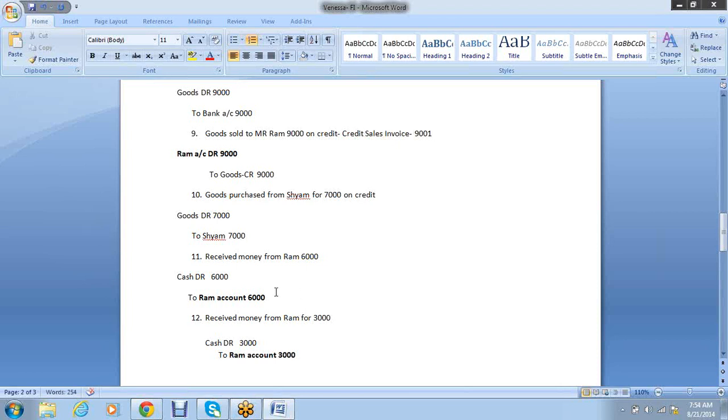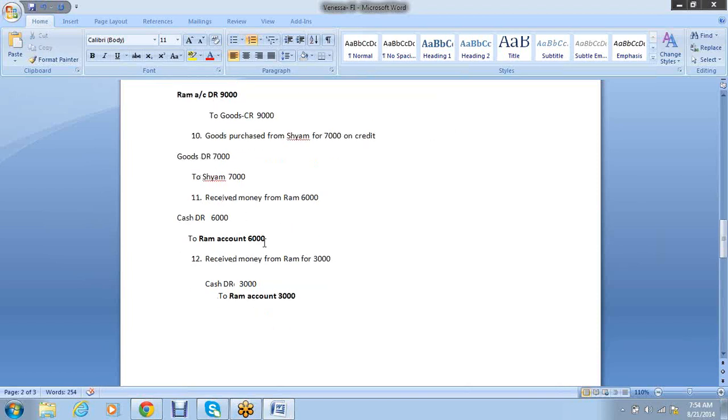Against the same document we have to deduct 6,000 once and 3,000 once, because it is related to credit invoice number 9001. I'm just giving one example. So whenever I create a credit sale in the SAP system, there will be one credit sales invoice, and against that sales invoice we need to clear the amount we have received in return.